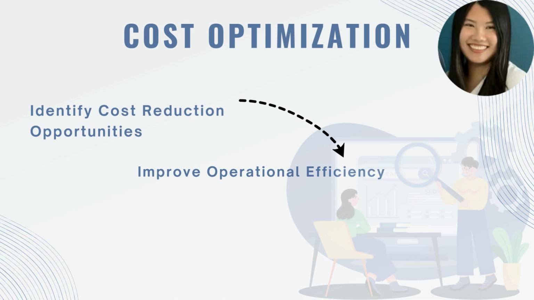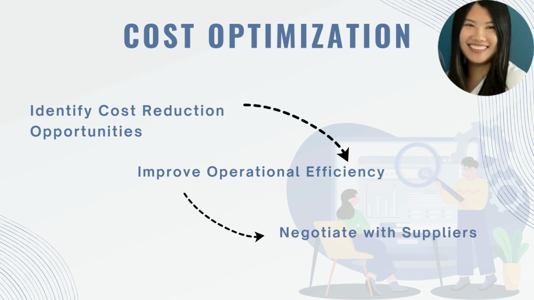Now, here we have improve operational efficiency, once cost reduction opportunities have been identified. This step focuses on implementing changes to streamline processes, eliminate waste, and make operations more efficient. That could involve process optimization, automation, lean principles, technology upgrades, training and skill development, and energy efficiency initiatives.